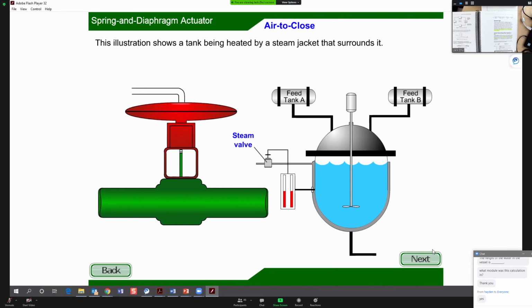But this type is going to have a different requirement. The temperature is regulated the same way, and if the material in the tank will be damaged if the temperature drops below a certain level, an air to close valve should be used.